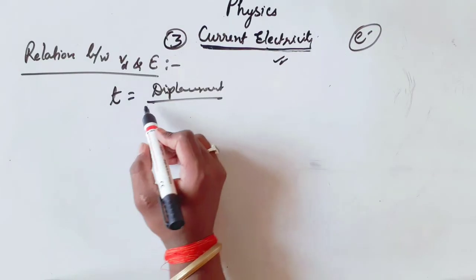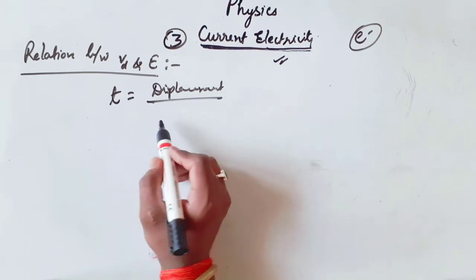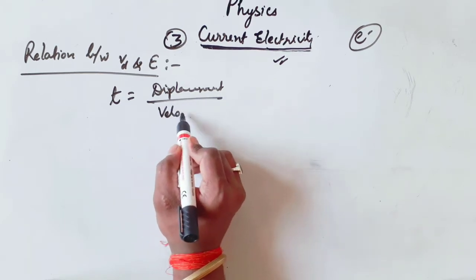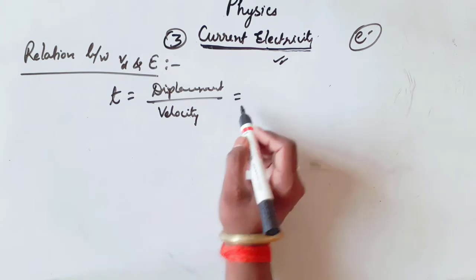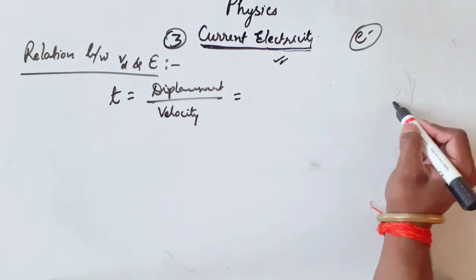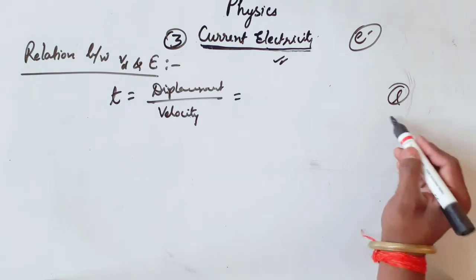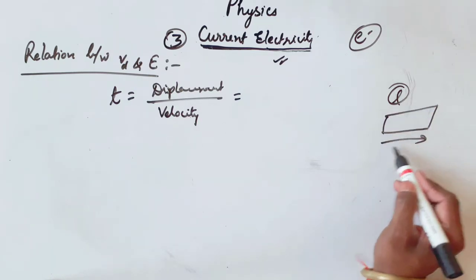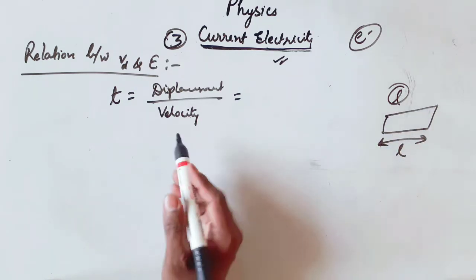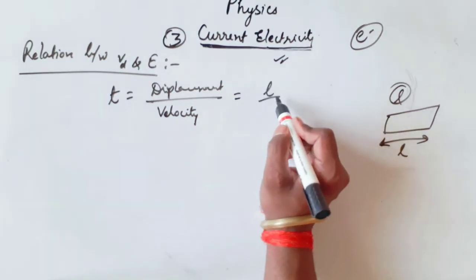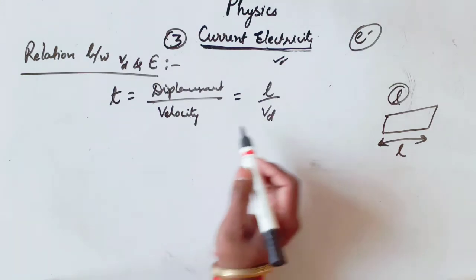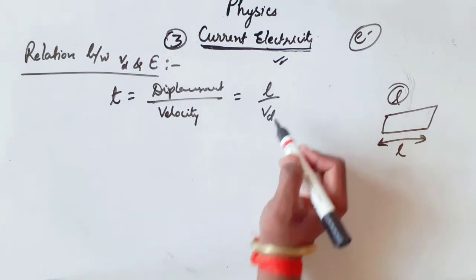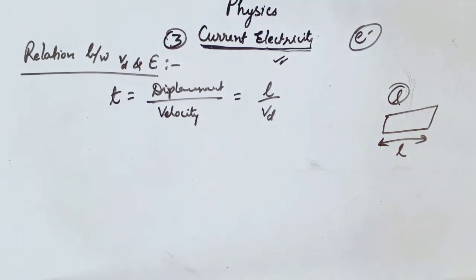As we know, the total time taken is always equal to displacement per unit velocity. Here the total distance traveled by the charge will be L, because the length of the conductor is L. The average velocity of the electron is Vd, so L upon Vd is the time taken.